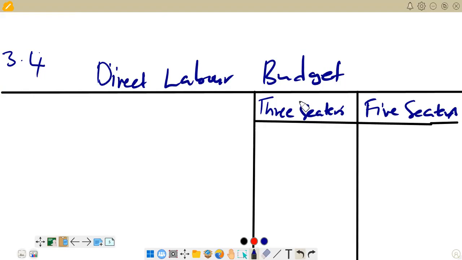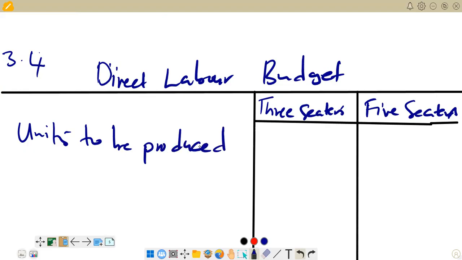The description that we are going to start with is the units to be produced. Like I was emphasizing, units to be produced is very important, because it's going to help us in all the budgets that we have in this question. Remember, the units that we calculated on the production budget: we had 650 for 3-seaters, and 640 for 5-seaters.